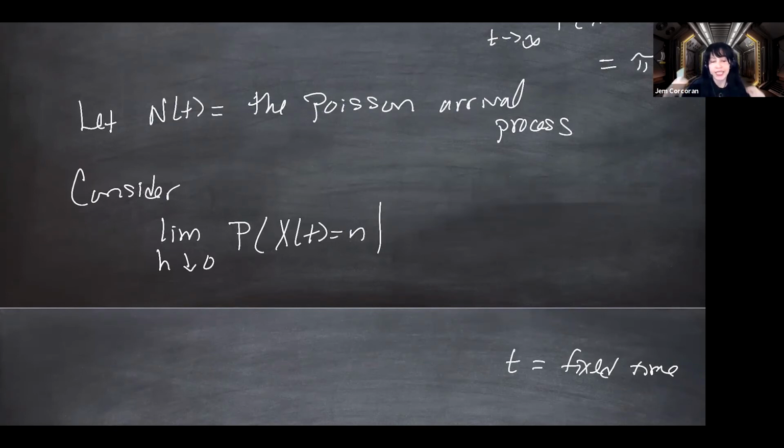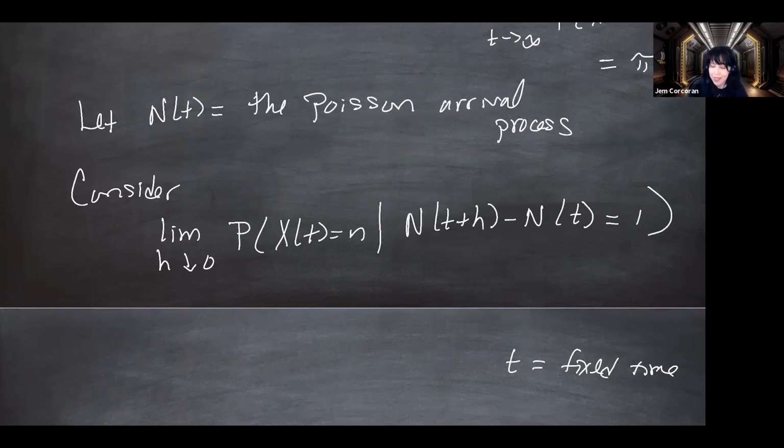So I'm going to compute this conditioned on the number of arrivals at time t plus h minus the number of arrivals at time t being 1. This is saying that we are really looking at the system here, and it is just before the person comes in, instantaneously before, because this interval is shrinking down to a length of 0.